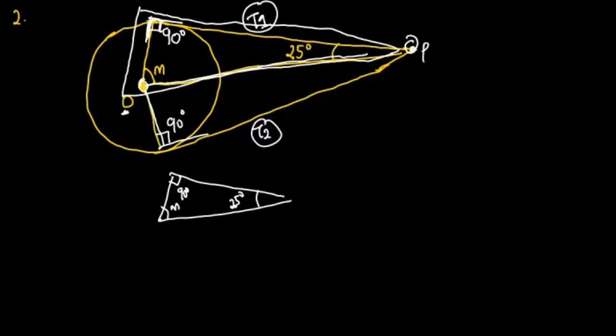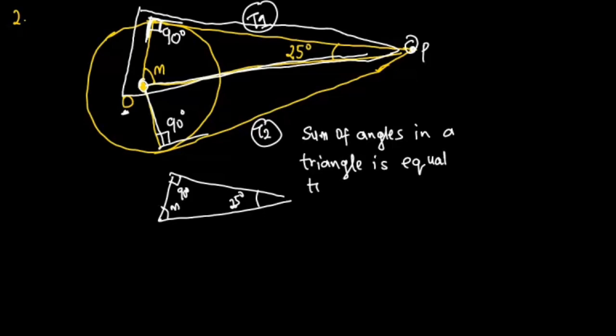So remember that the sum of angles in a triangle is equal to 180 degrees. With that, we can solve. In this triangle, we have 25 degrees, then 90 degrees, then M, which we are looking for, and the sum should give us 180 degrees.